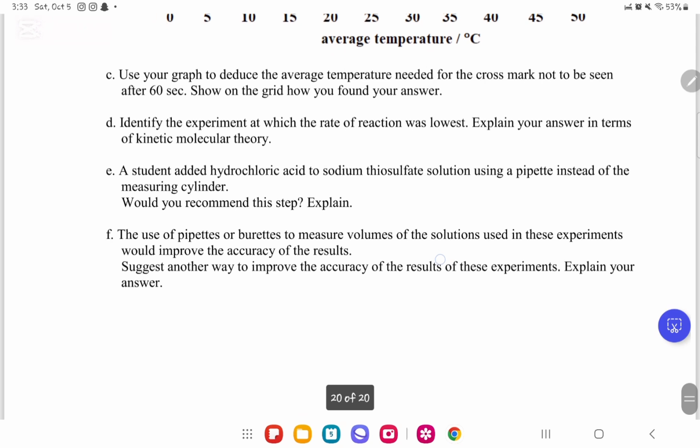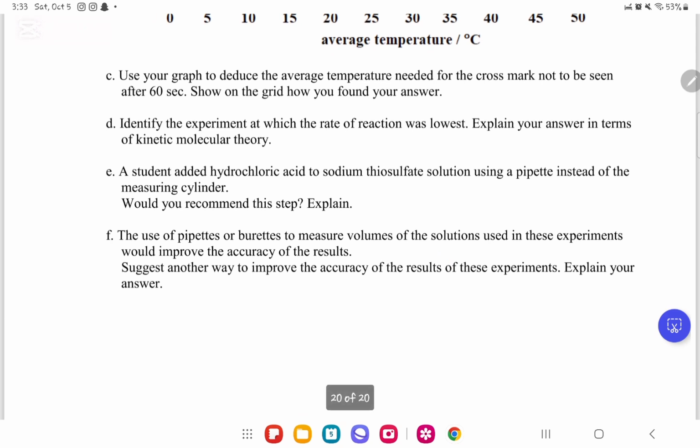Now for part D, identify the experiment at which the rate of reaction was lowest. Basically, which experiment ran at the lowest temperature? It was experiment 1.